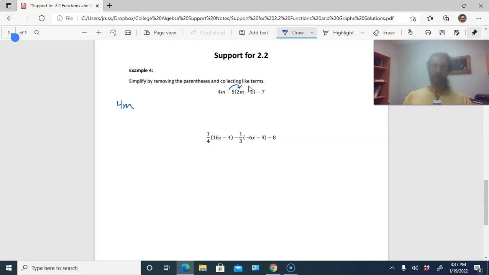It's the -5 that's getting multiplied to those two terms in parentheses. So -5 times 2m will become -10m. And now look at this like it's a -1. -5 times this -1 is going to become a +5. And we don't touch the -7, so just bring it down.